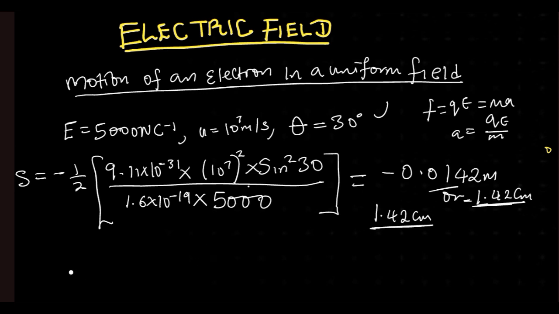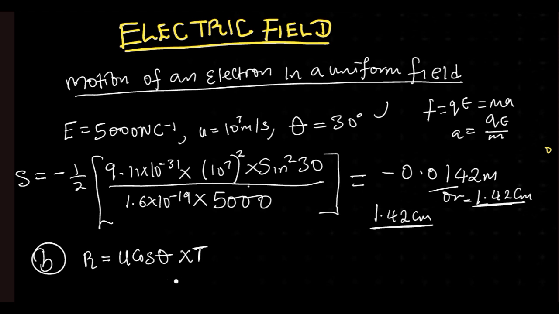Now, question B says, after what horizontal distance does the electron hit the ground? So we are calculating for horizontal distance. Very easy. Remember, for a projectile, horizontal distance, also called range, is given as u cos theta times the total time.